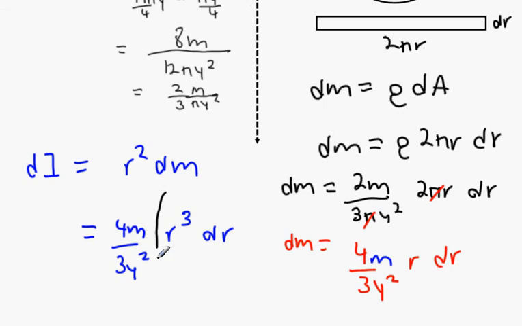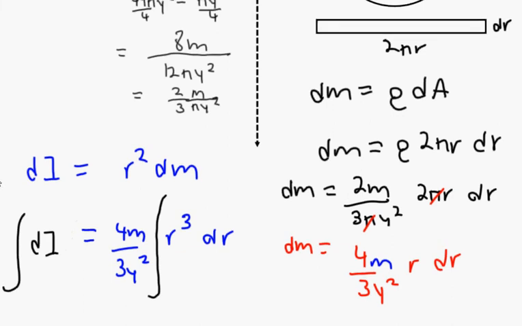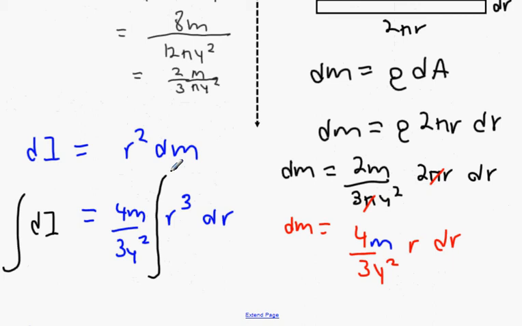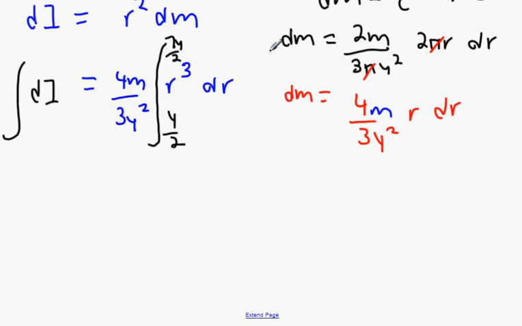Now limit time. What are our limits for this question? Remember, we're integrating the entire system. It starts here technically because there's nothing in here, so it starts at y over 2 and ends at 7y over 2. So 7y over 2, y over 2, and we're going to integrate now.